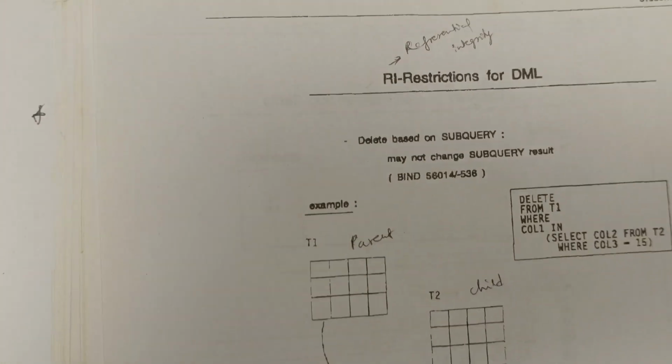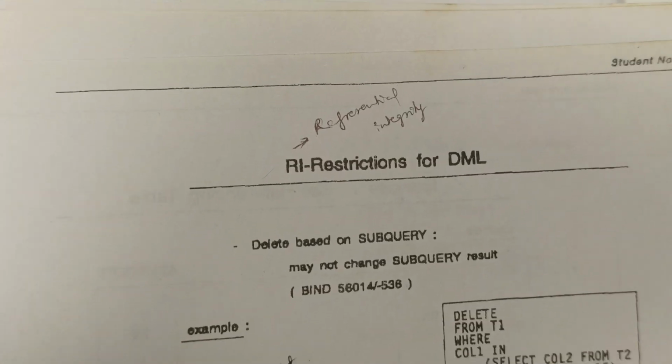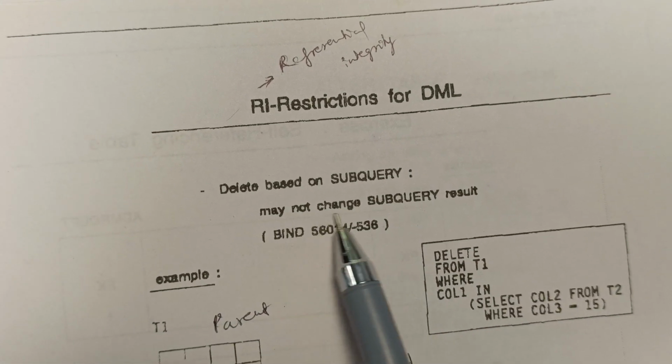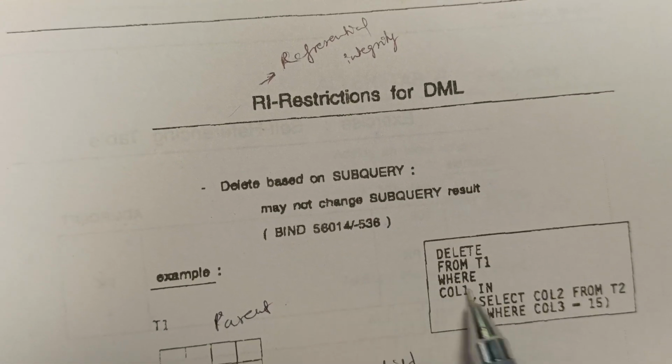This is the basic syntax for the referential integrity constraint, how referential integrity works, and how the restrictions apply with DML. Delete based on a subquery may not change the subquery result.